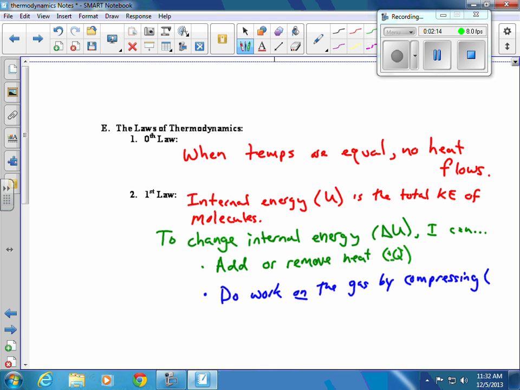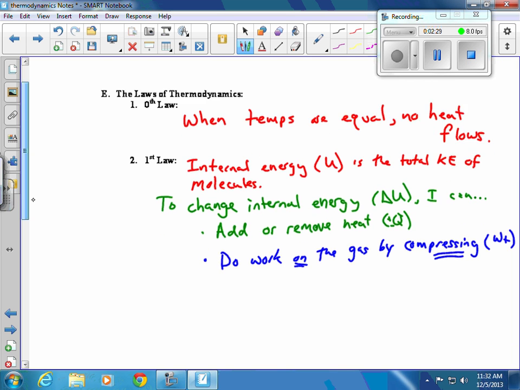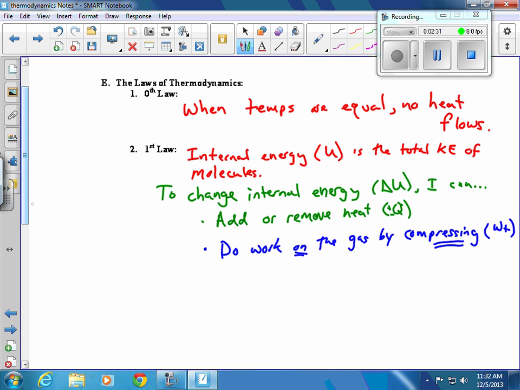If I squeeze a gas, do work on it, and compress it, that means work is positive. If we say the words on or compressing, the work is positive because if I compress it, it gets hotter. That's increasing the internal energy. So work is going to be positive. It's going to make the internal energy go up.